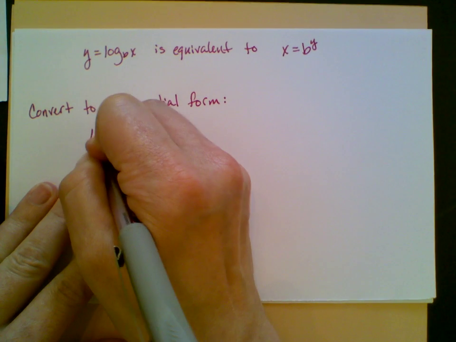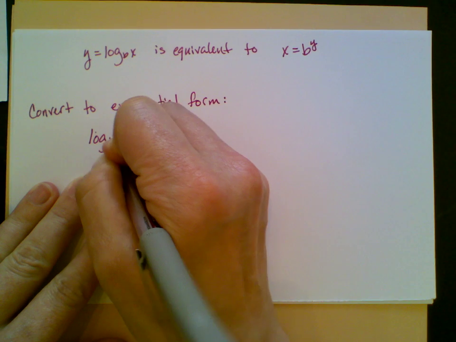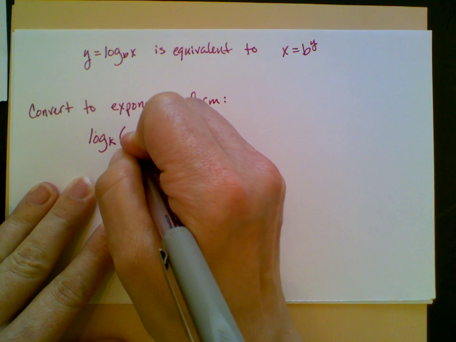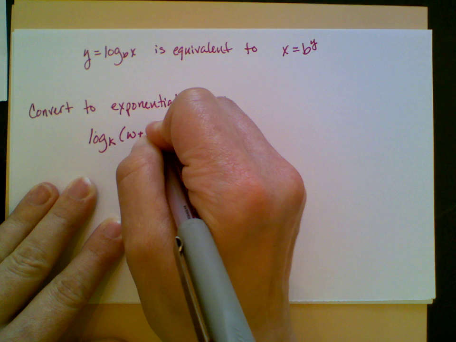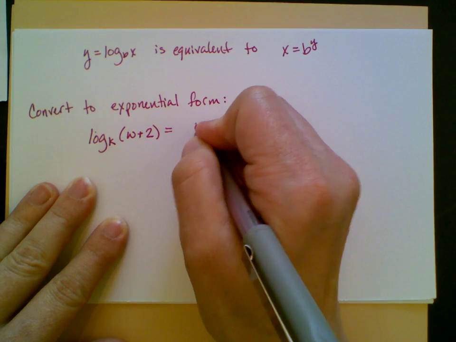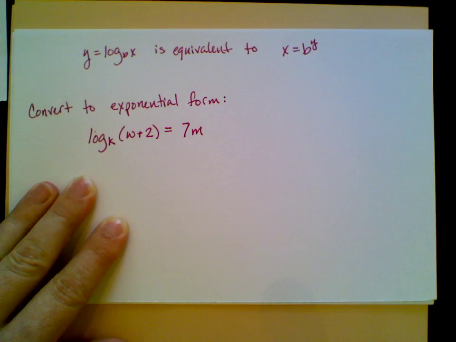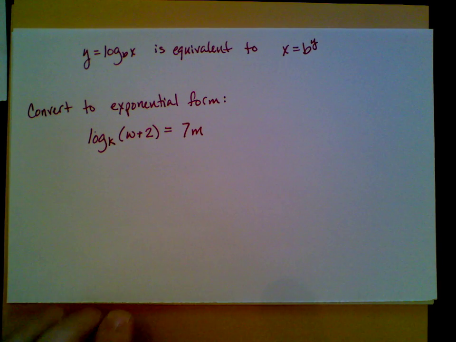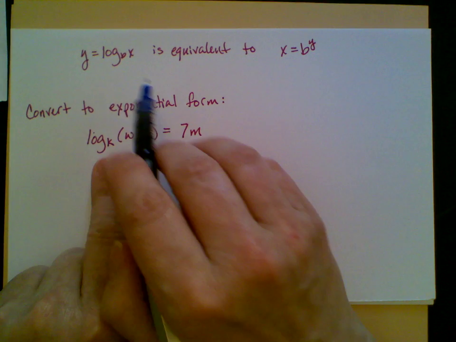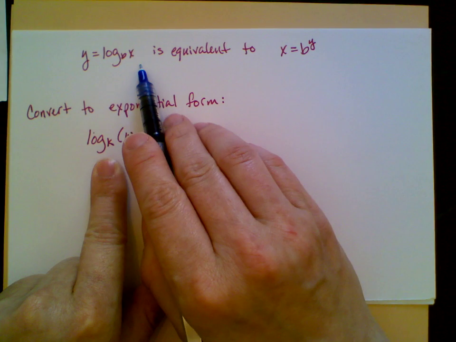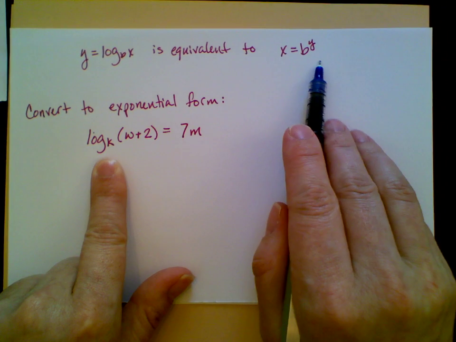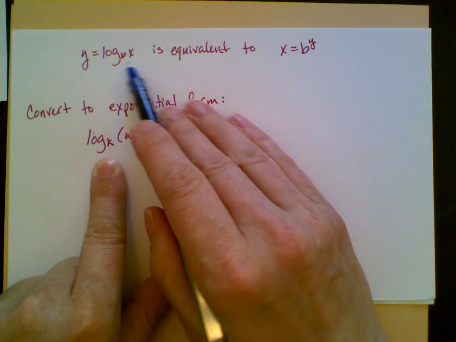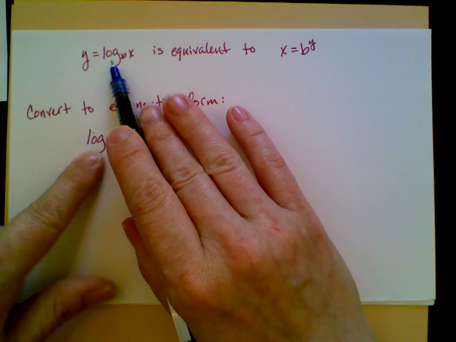I have the equation log base k of w plus 2 is equal to 7m. So all I need to do with this equation is convert it into exponential form. So this is logarithmic form. This is exponential form. It is in this form because there is a log, obviously.